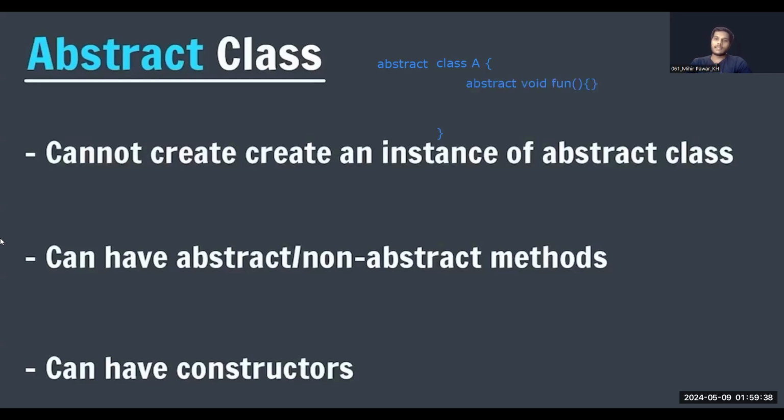This is how we create abstract methods: we just write the abstract keyword in front of the method, and we can also write normal methods in our abstract class. And the third thing is we can have constructors in our abstract classes. So these are the properties of an abstract class.